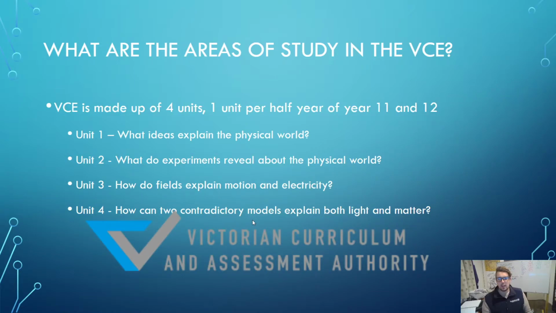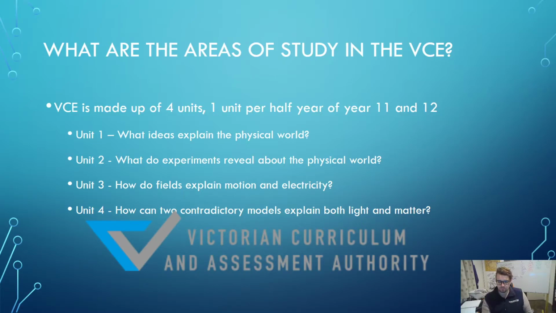So things like thermodynamics, electric circuits, matter, radioactivity, we look at in Unit 1. Unit 2, what do experiments reveal about the physical world? We look at things like motion. We do a big experimental section, as well as we have a study option in Year 11 to pick a certain sub-branch of physics to look at, and you guys would get the choice on that one.